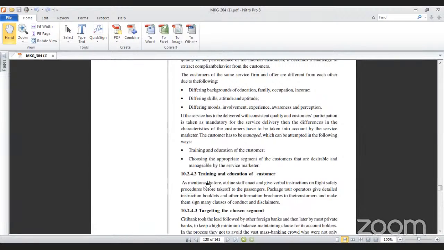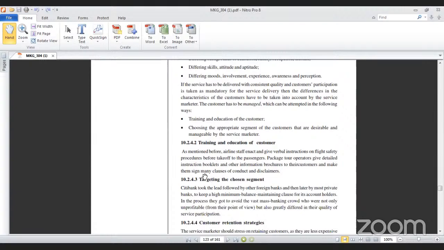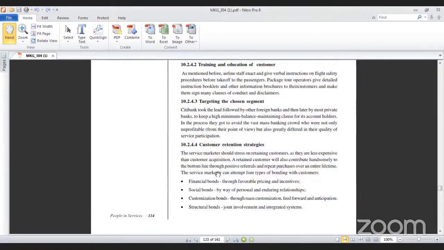Training and education of the customer. Second way is highlighting and targeting the chosen segment.